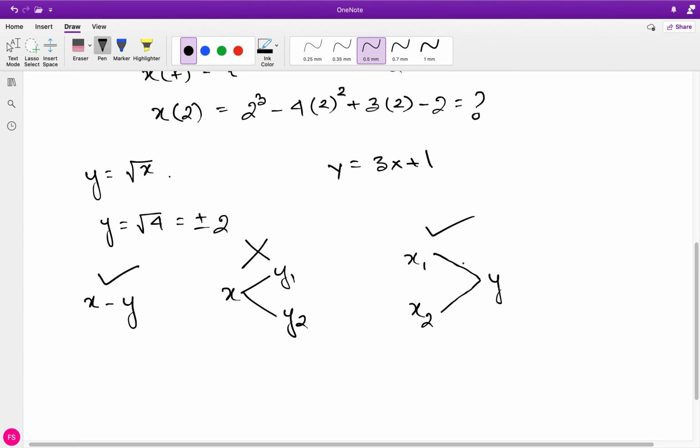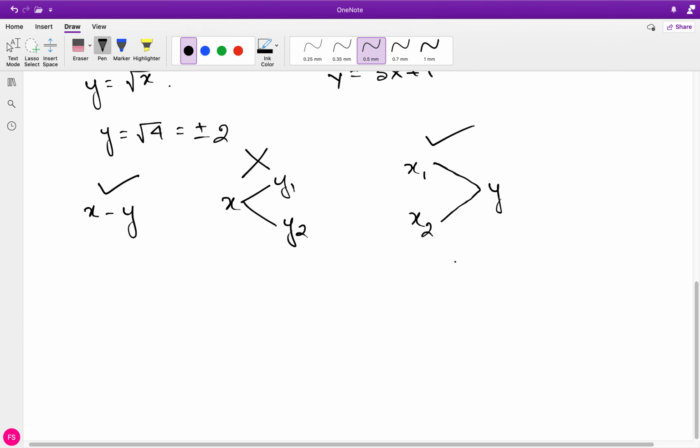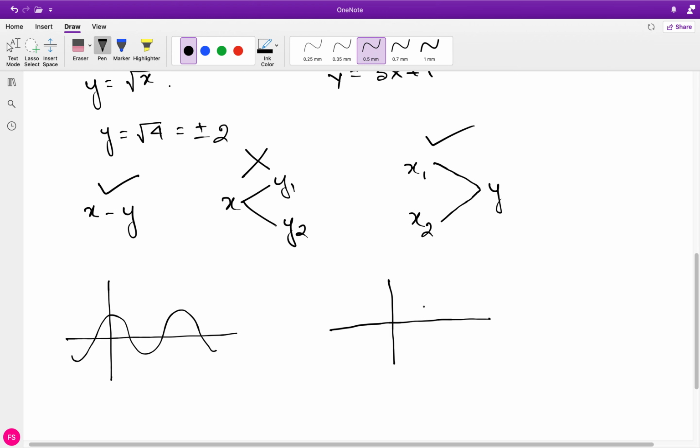Now, how do you find out if something is a function? By just looking at the graph. Let me show you an example of a graph. Let's say I have something like this. Okay, and then I have something like this. So I have two graphs over here. How do you know if these graphs are functions or not? Now there is a test for it, which is called the vertical line test.